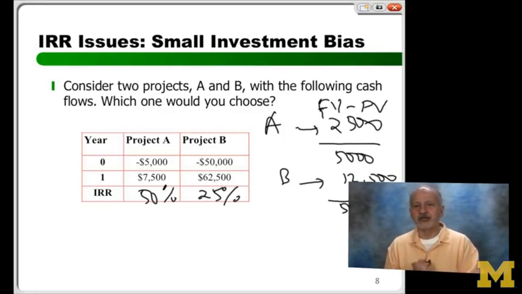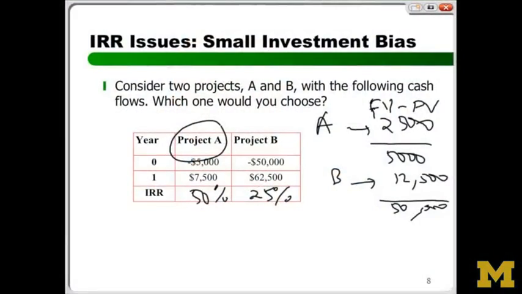Okay? Now here's the problem. Almost everybody will say do this, but the answer is it depends. And I recognize that these are not really real world in the sense that the numbers are a little blatant, but you do have 5,000 investment here, 50,000 here. Here's another problem with IRR.